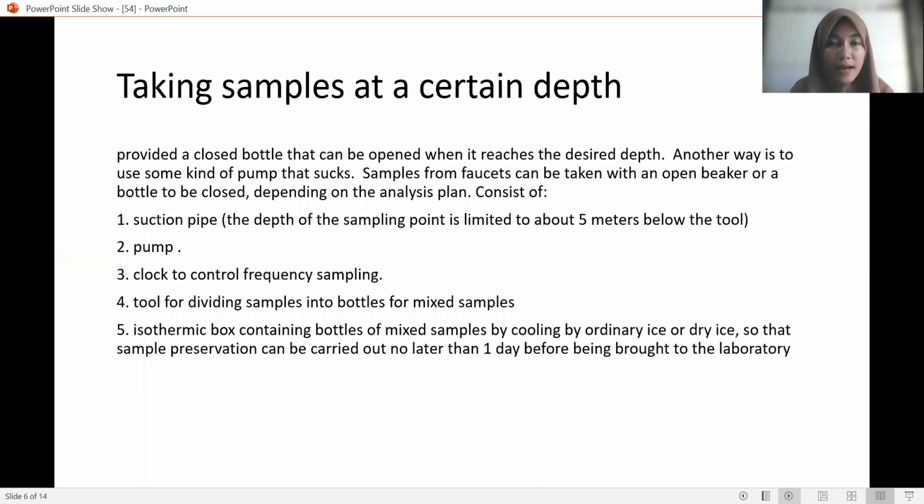Taking a sample at a certain depth requires a closed bottle that can be opened when it reaches the desired depth. Another way is to add some kind of float. Samples from faucets can be taken with a beaker or a bottle to be closed, depending on the analysis plan.